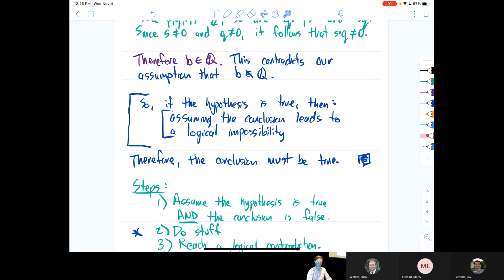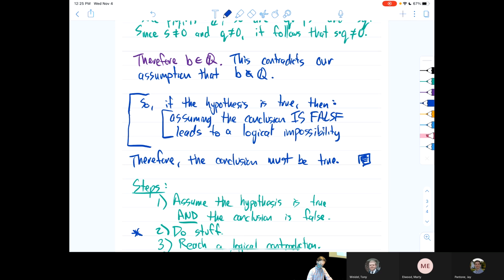I meant assuming the conclusion is false. Left out some really important words there. Move this over here. Assuming the conclusion is false leads to a logical impossibility. Maybe that's why that was confusing.